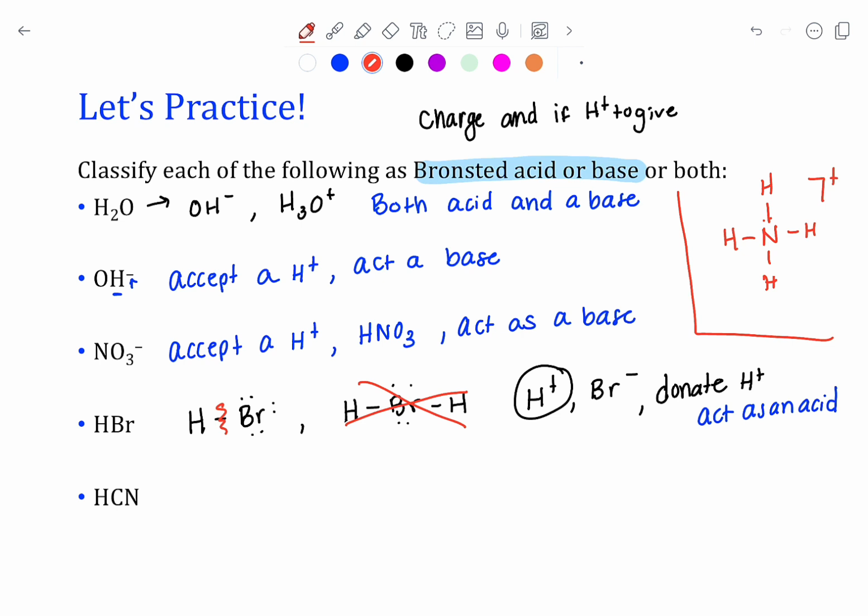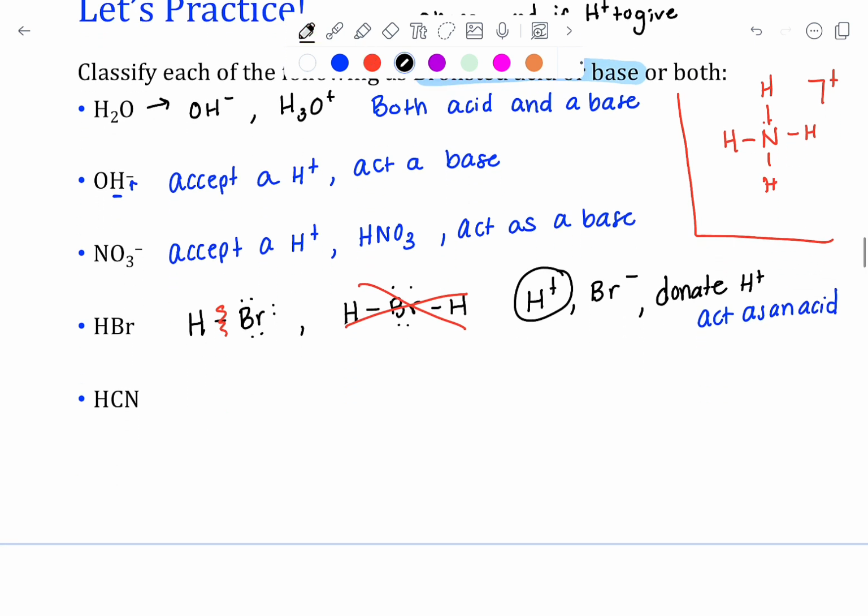The same can be said for our last example of HCN, which has a Lewis structure H, single bond C, triple bond N. That's our preferred structure because nitrogen would prefer to have 3 bonds and a lone pair, and carbon would prefer to have 4 bonds total, and hydrogen only having 1. Therefore, it's not like we are going to add a hydrogen anywhere. I'm not going to put a hydrogen onto this carbon because then there's too many bonds to that carbon.